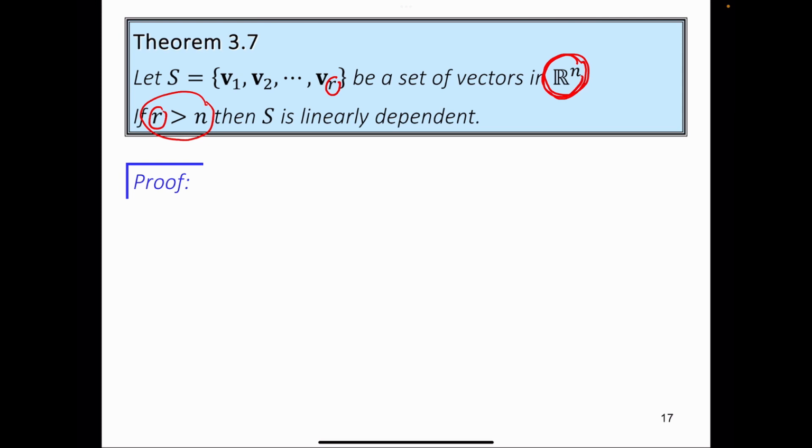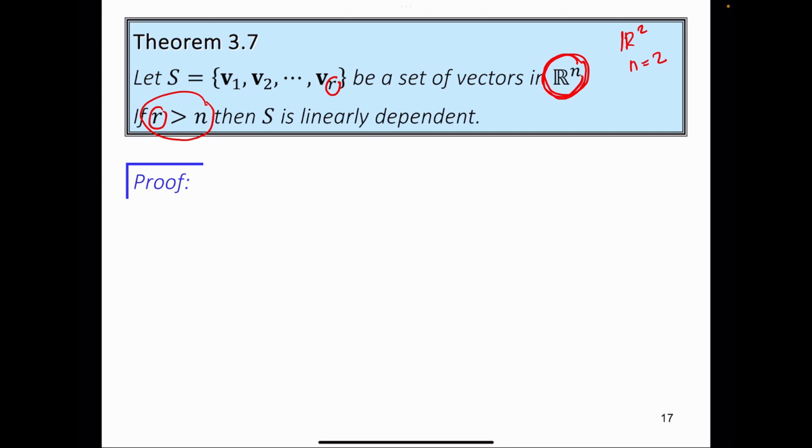So if we consider two-dimensional Euclidean space, then N is equal to 2. So in general, if the number of elements in S is greater than the dimension of the Euclidean space, then S is linearly dependent.